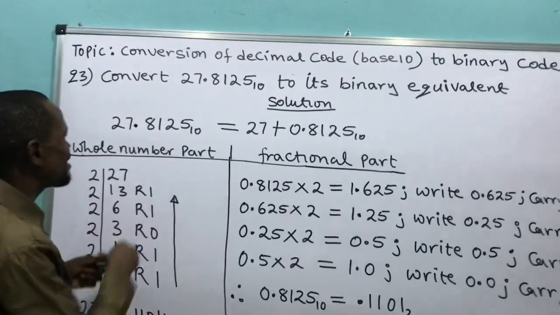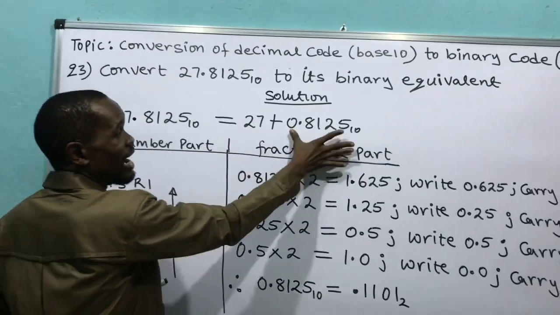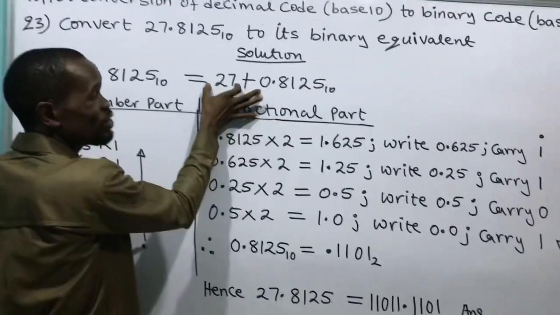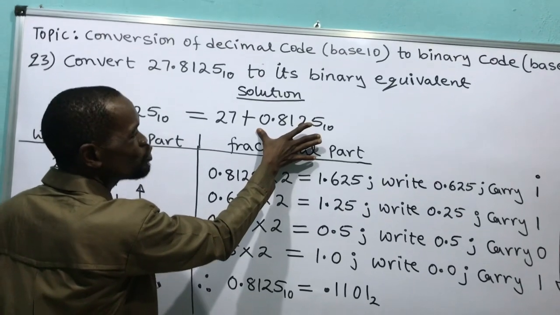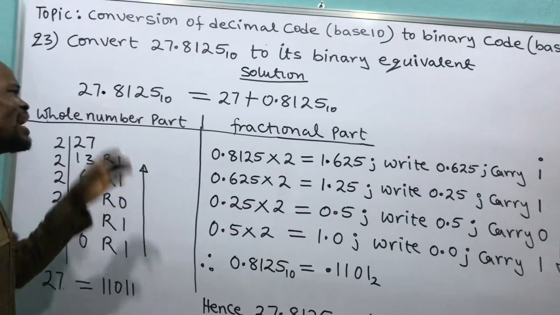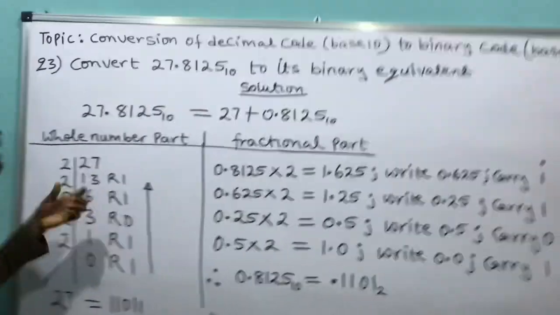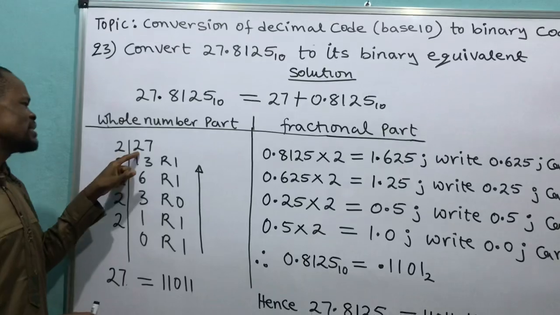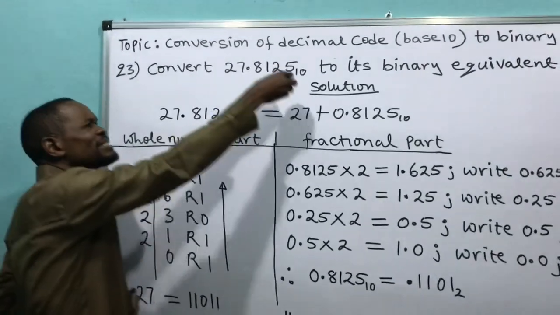Doing that, I can write this to have a whole number part of 27, and 0.8125 base 10 as the fractional part. And what do we do to the whole number part? 27, we divide by 2, because I'm converting base 10 to base 2.